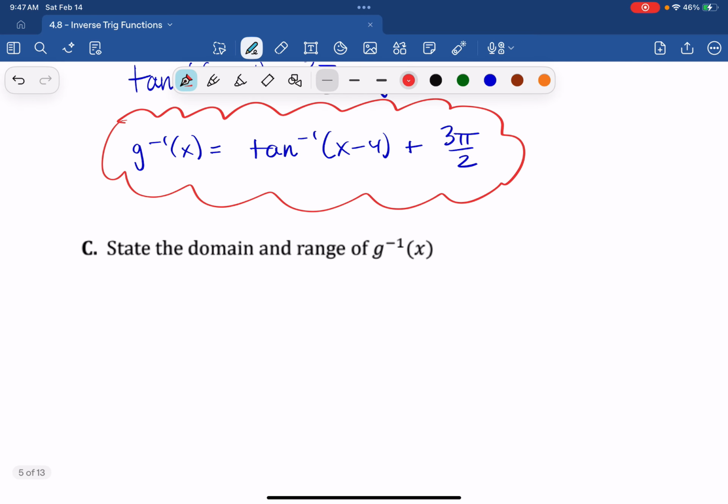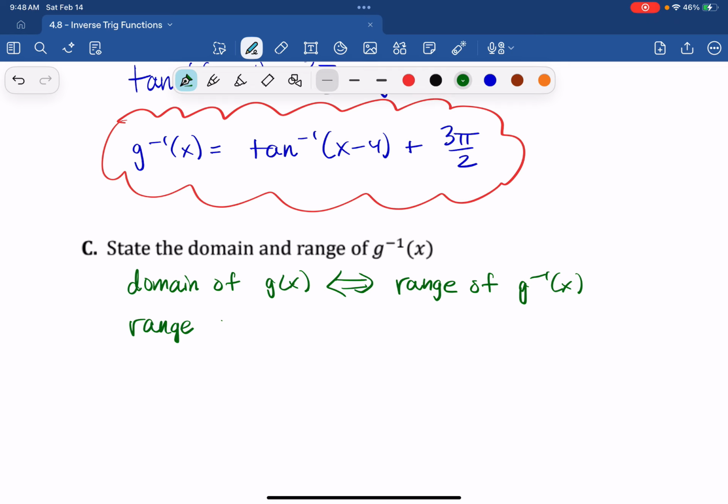All right, now the last part here, we're going to find the domain and range for g inverse. So if we know about the relationship between the domain and range for inverse functions, we know that the domain of g of x is going to be just the range of g inverse, and the range of g of x is going to be the domain of g inverse.